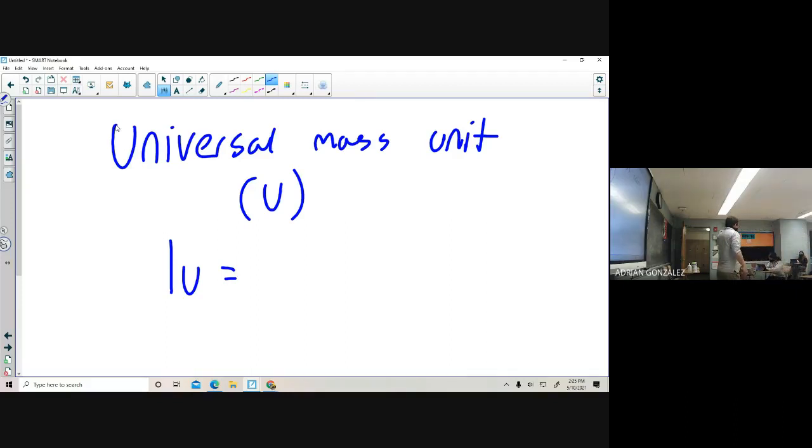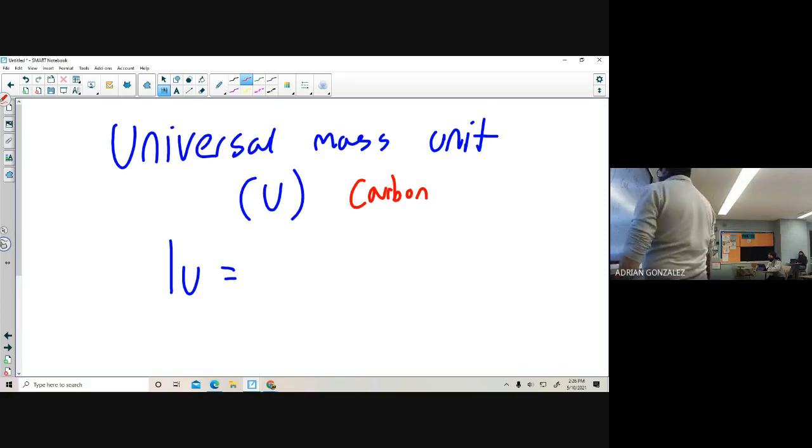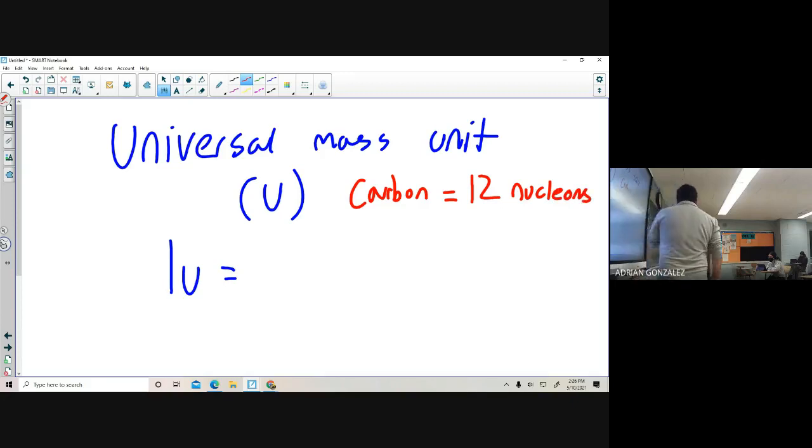Sugar, glucose, C6H12O6. Remember these things? Everything organic, everything living on this planet, including you, is based on carbon. And so scientists said we'll use carbon. Now, when they looked at carbon, okay, carbon has 12 nuclei.